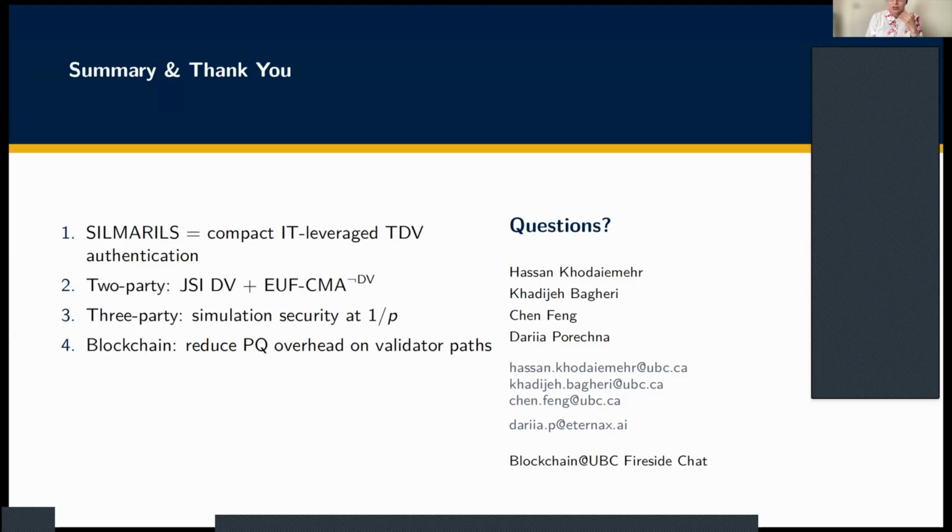That's intentional, because the designated verifier can simulate transcripts. Anything that requires public non-repudiation, like governance, bridges, regulatory disclosure, as Hassan mentioned, still belongs on a public post-quantum signature layer. SILMARILS is for the part of the system where validators are already trusted for inclusion and want cheaper constant time authentication.